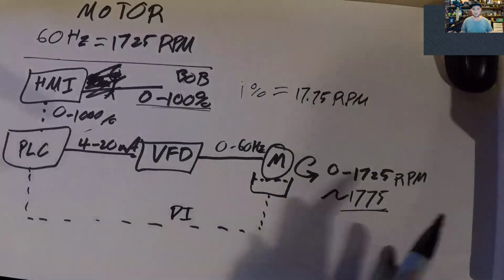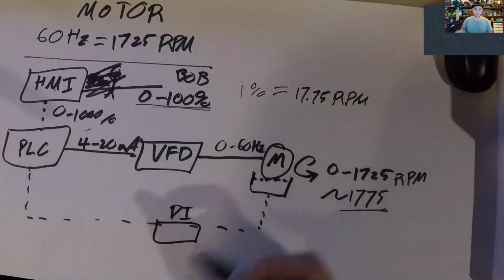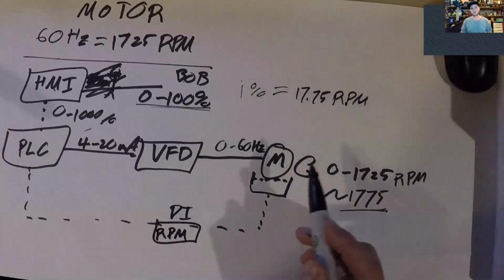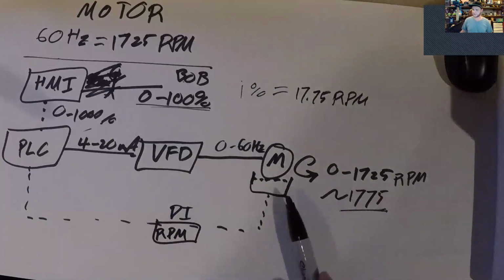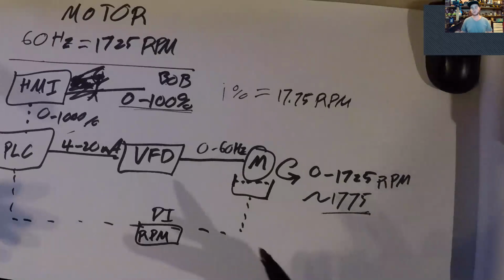But for the sake of simplicity, just pretend this is an absolute value of the motor speed. Okay, so now the fact that we have this feedback allows us to implement a PID control loop.